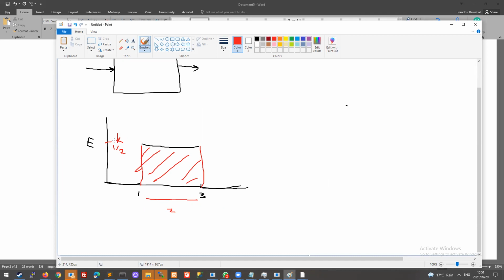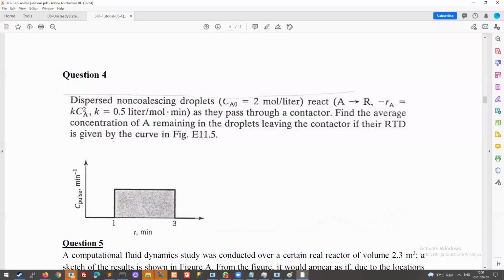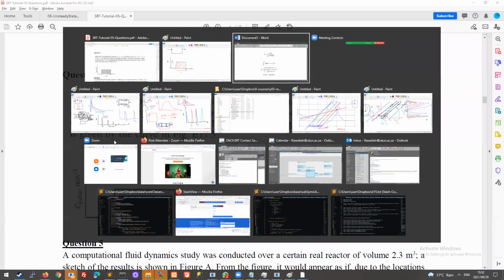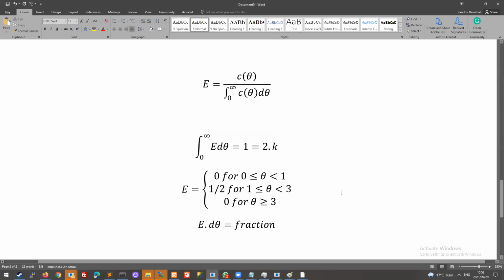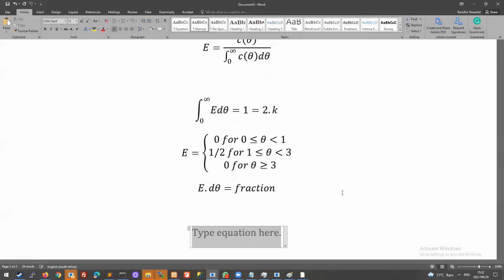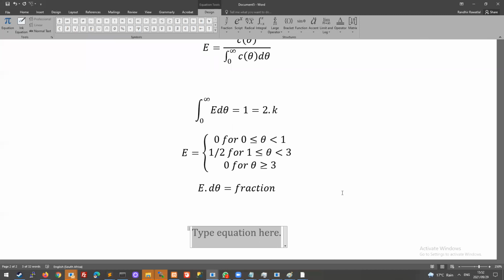We now know how to get E of theta. Now, the other thing is, if you have followed the lectures, you'll also see that for the case where the reacting elements are completely segregated, then almost by definition, the segregation model applies, right?